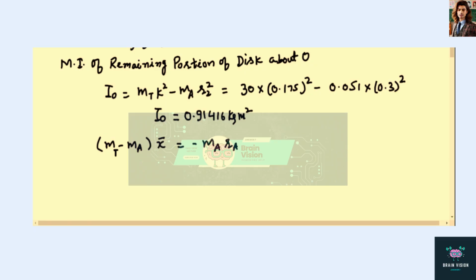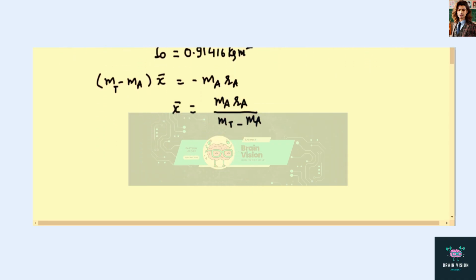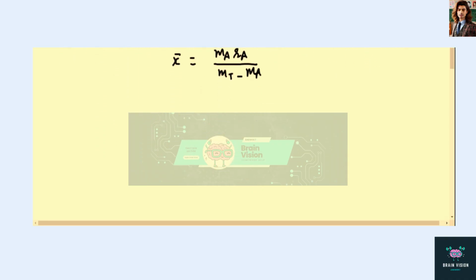So from here x bar you will get mass of A, R of A upon mass of turbine minus mass of A.